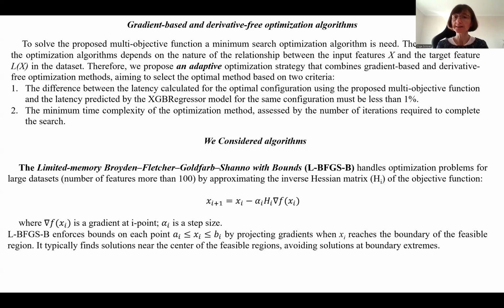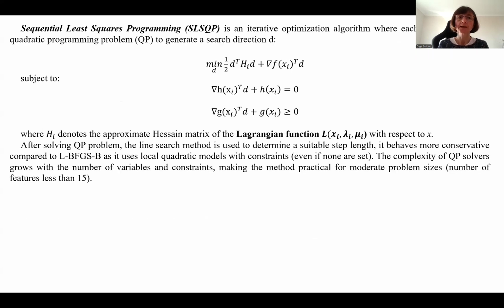Then in our adaptive optimization strategy, we included algorithms. The first is limited-memory BFGS with bounds, an algorithm that handles optimization problems for a large dataset, with more than 100 features, by approximating the inverse Hessian matrix of the objective function.